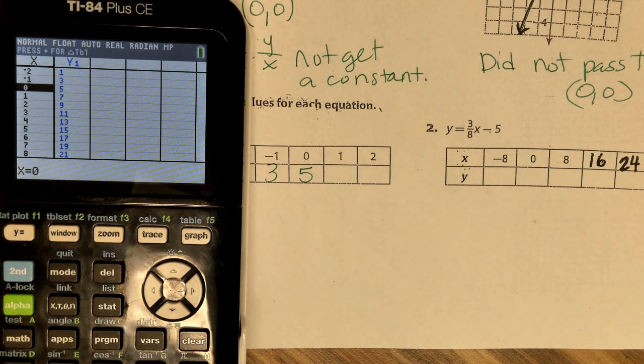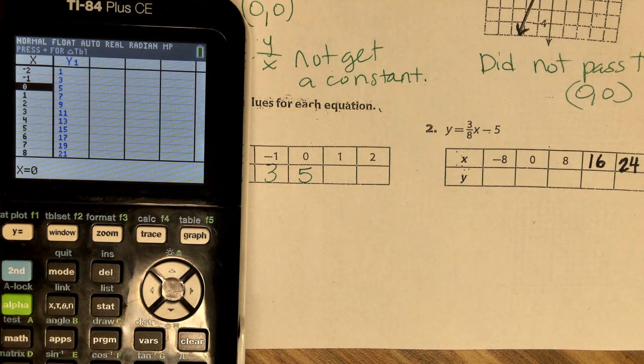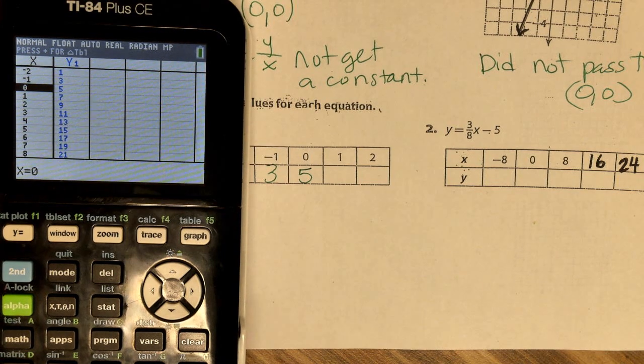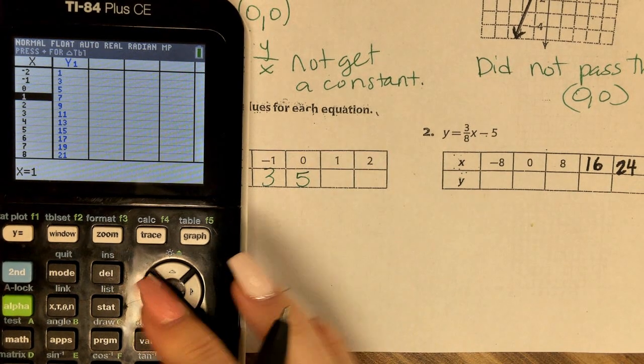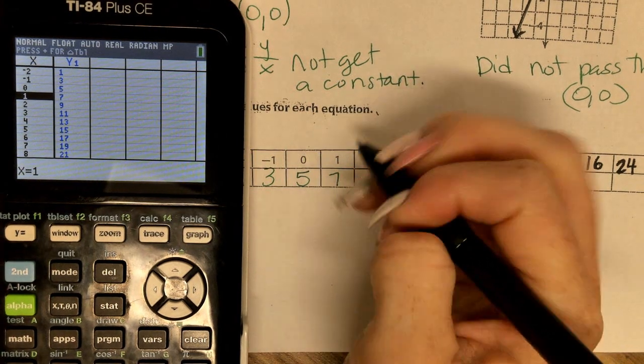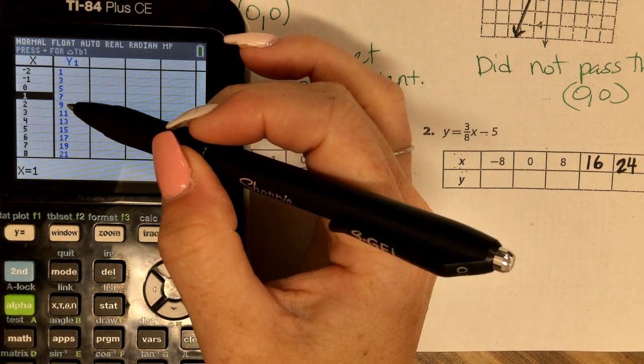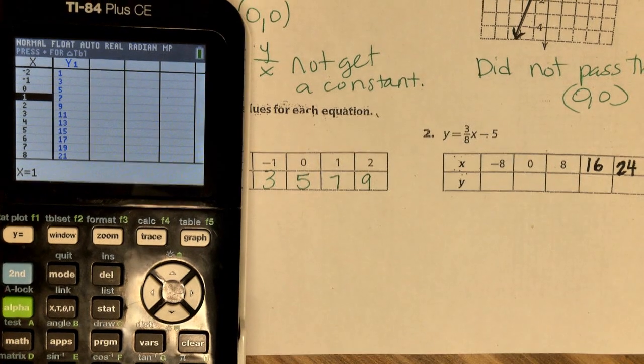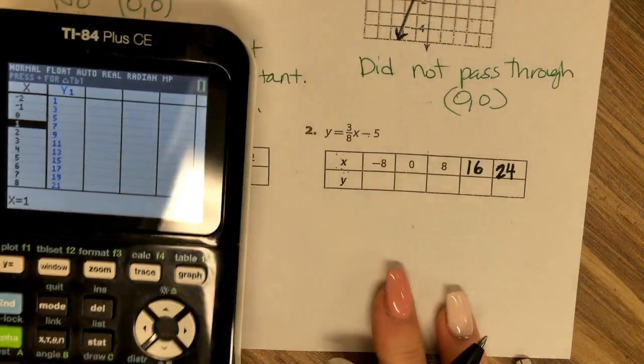So you're just arrowing until you find the x values they're asking for. It literally has every integer that exists. You would have to just keep scrolling forever. When x is 1, what is y? 7. When x is 2, what is y? 9. And that's it.